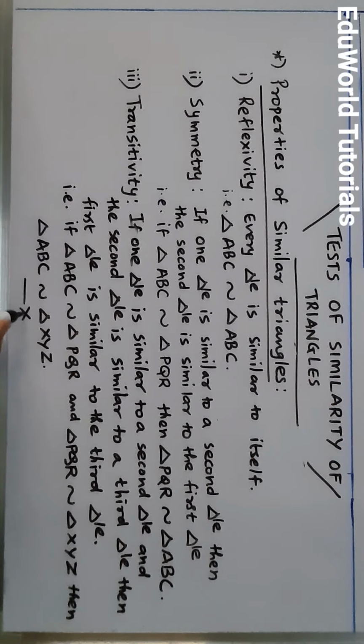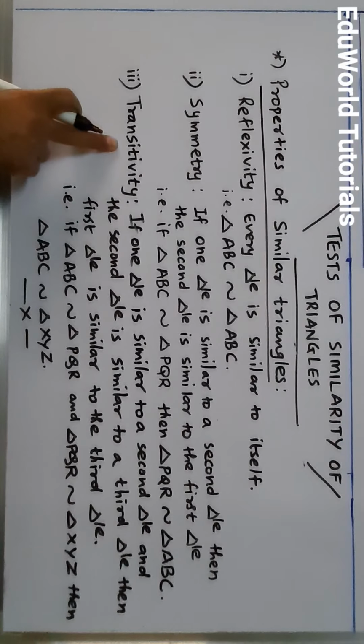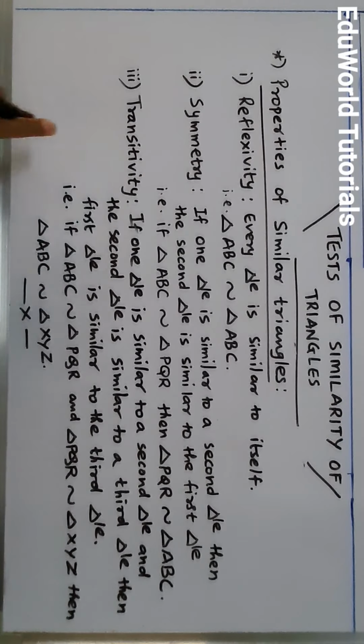So these are the three properties of similar triangles: reflexivity, symmetry, transitivity. These properties are sometimes used in the problems. Mostly transitivity is used, and how they will be used, we will see while solving the sums of practice set 1.3.